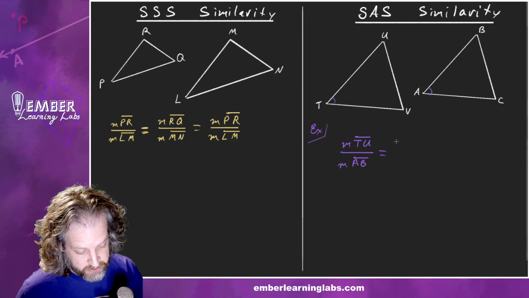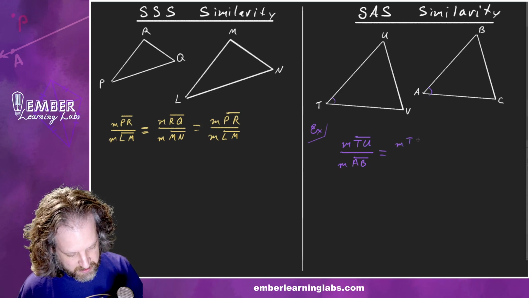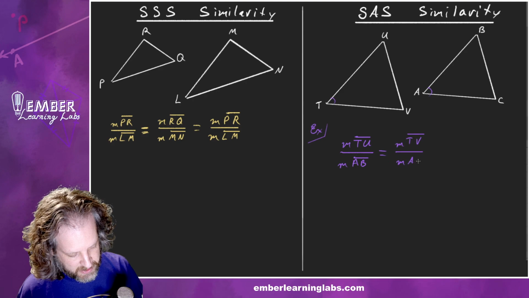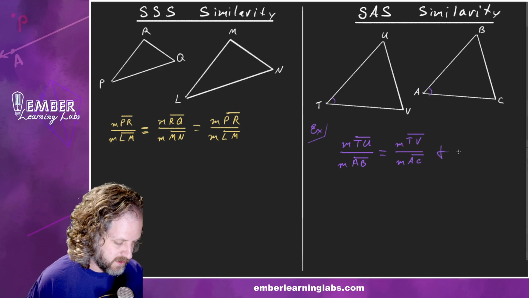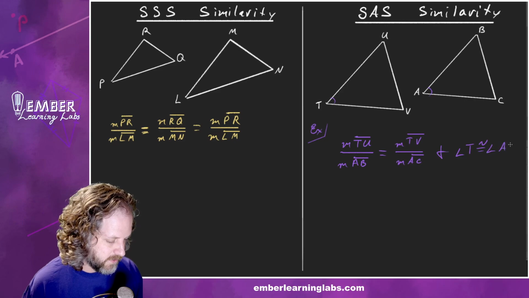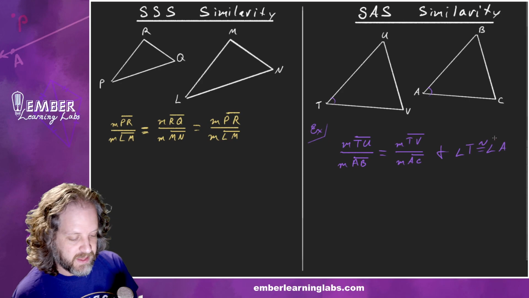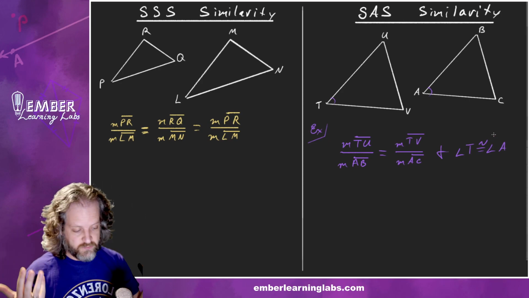So it's proportional to the measure of TV to the measure of AC, right? And angle T is congruent to angle A, right? And we could write the same sort of statement for all the rest of the angles. It would just shift the sides that we needed to use.